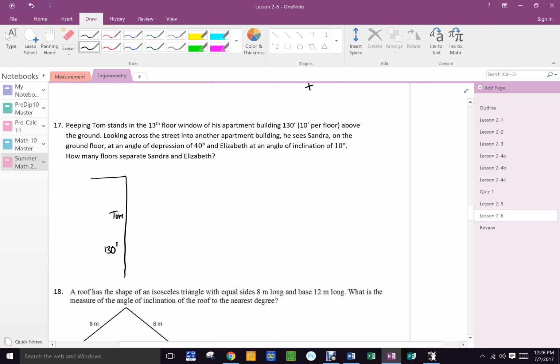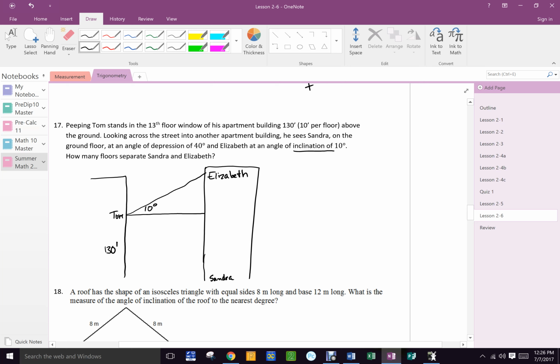He looks across the window and he sees across the street with his telescope at night, and he sees Elizabeth with an angle of inclination of 10. Where does inclination go? Up. So Tom is looking straight across, and then he looks up to Elizabeth at 10. He also looks down and sees Sandra down here.